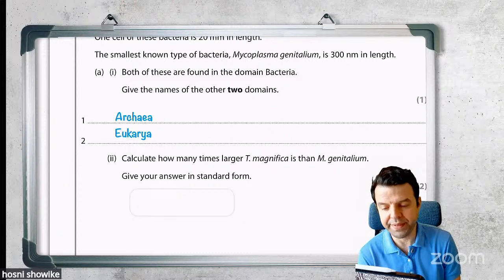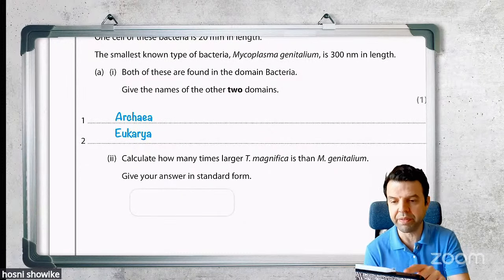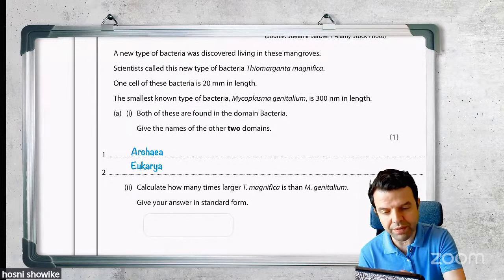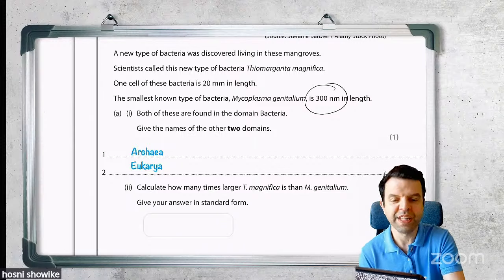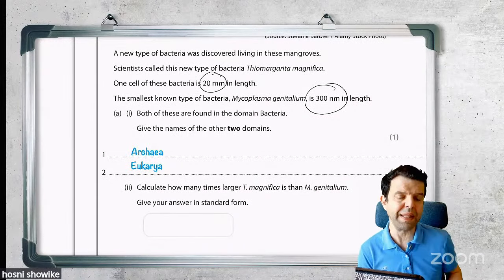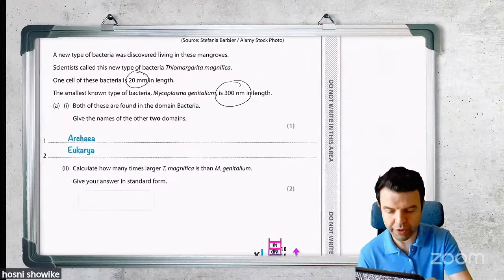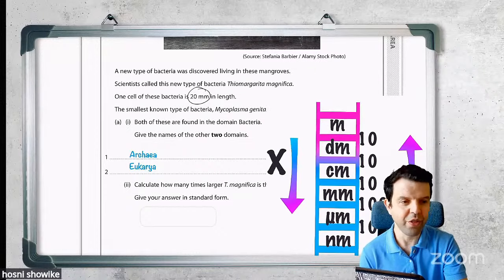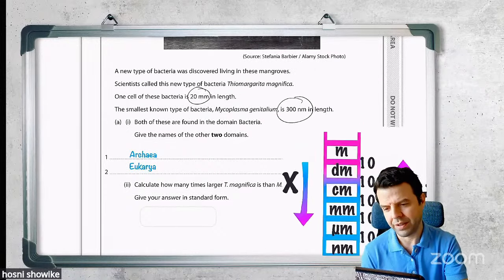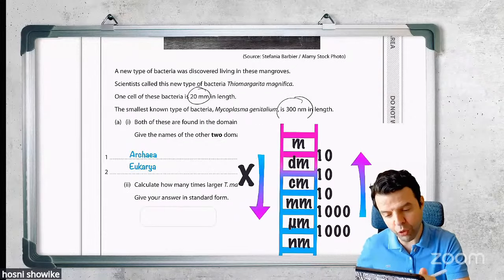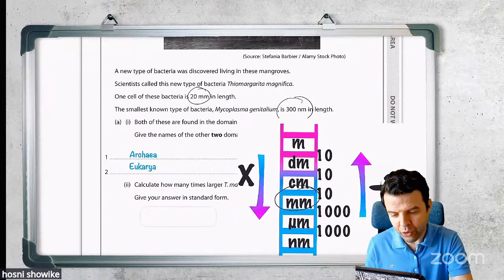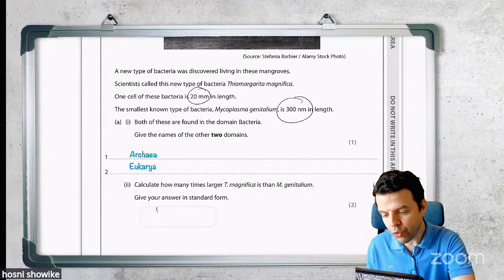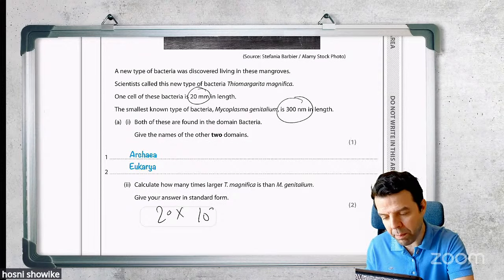Calculate how many times this bacterium is bigger than a regular bacterium. So this one is just 300 nanometers, and this one's 20 millimeters. I need to do a quick conversion between the units. I'm going to go from milli to nano. That's a million, right? So this becomes 20 times 10 to the power 6.